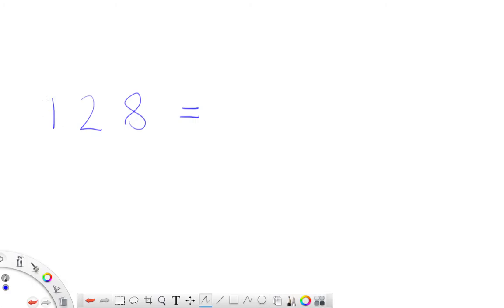The 1 represents hundreds, the 2 represents tens, and the 8 represents units. So this is how many ones there are, this is how many tens there are, and this is how many hundreds there are.